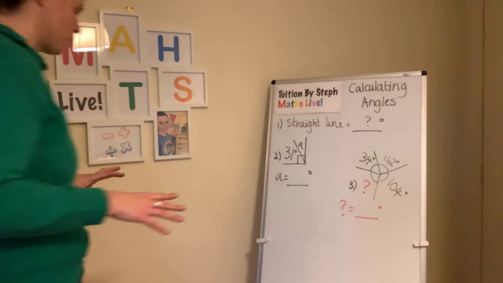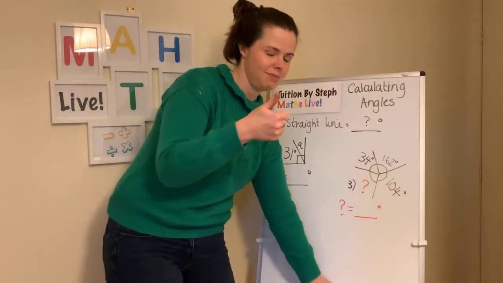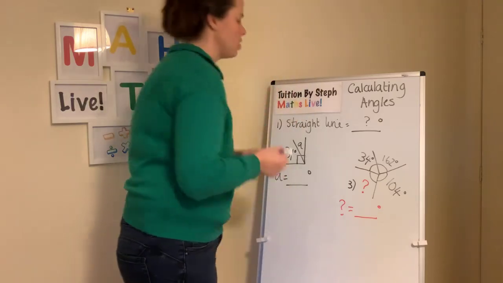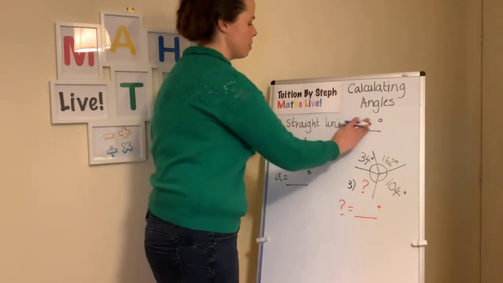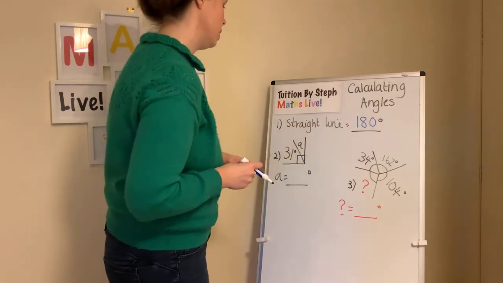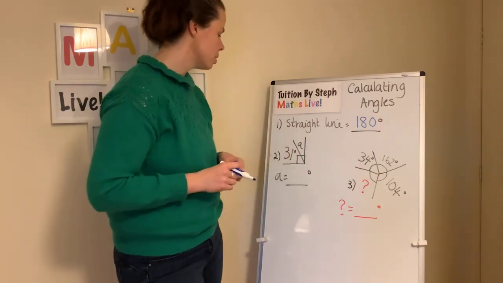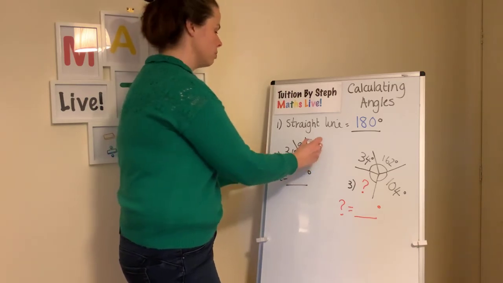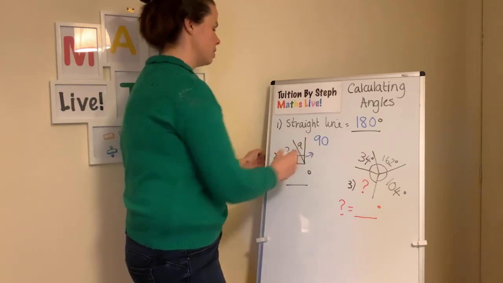So a lot of you have got the first one. You knew that a straight line is 180 degrees. We have learned about that the last couple of lessons, so well done if you got that. Okay, the second one, we know this is a right angle, so it's 90 degrees.